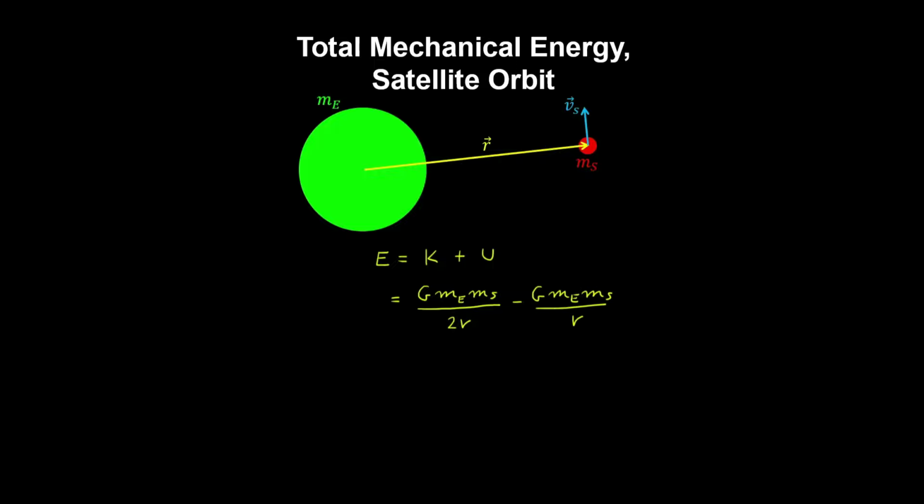So therefore the total mechanical energy of the orbit can be written as follows, and is inversely proportional to the radius of the orbit, and it's equal to 1/2 of the potential energy, and always less than 0.